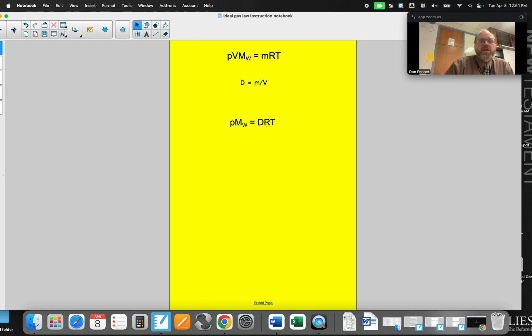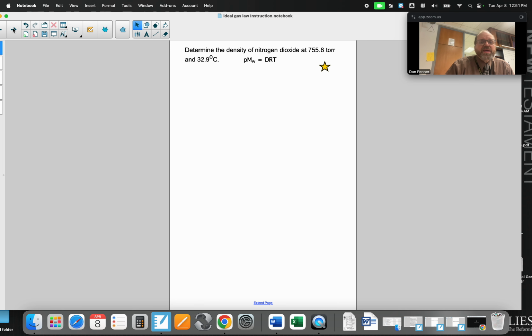All right, here we go, because of density. So we want to identify the density of nitrogen dioxide at 755.8 torr and 32.9 degrees Celsius. My values here, I have 755.8 torr, and I have 46 because that's NO2, nitrogen dioxide.